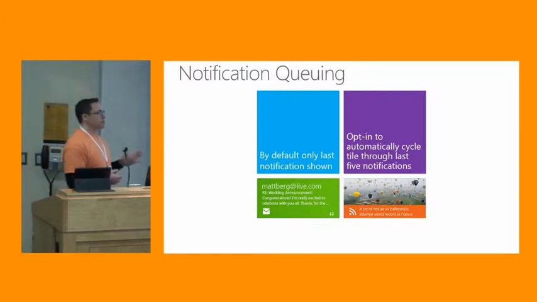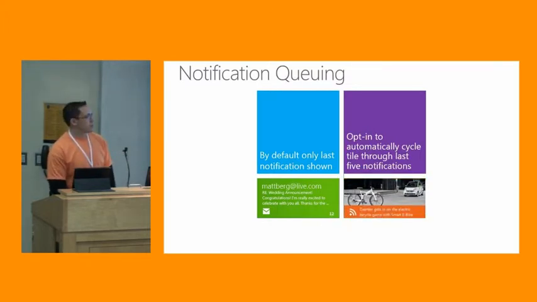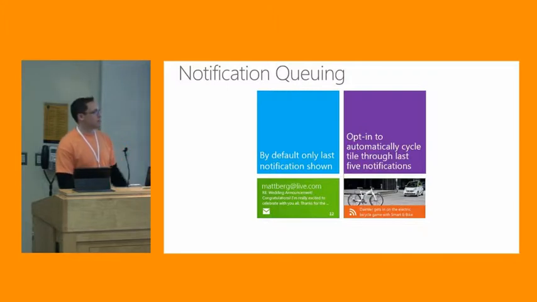And you can queue up to 5 notifications that will cycle through. So here we see when the tile's on the bottom, we can see it flips through and shows me a previous notification. Same template, or it can be a different template, depending on your logic and your code. You get the top 5 regardless of whatever template you send in for each of those. So you can mix and match the templates, or you can keep them the same.